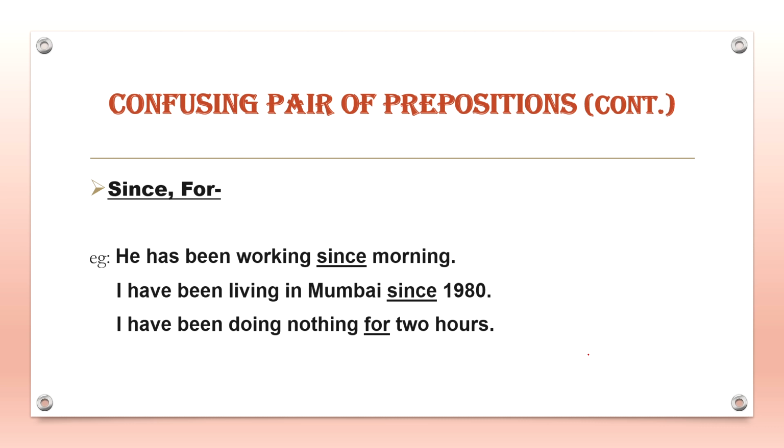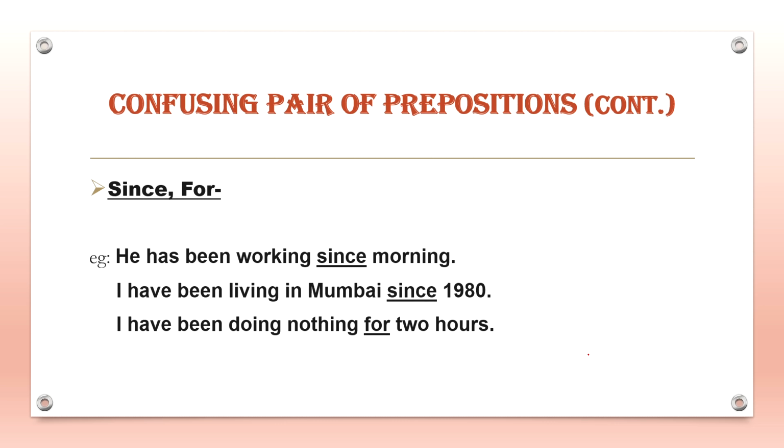Now, since as a preposition is used before a noun or a phrase denoting some point of time, whereas for is used to denote a period of time. So keep this in mind, for is used to denote a period of time, whereas since is used to denote some point of time.